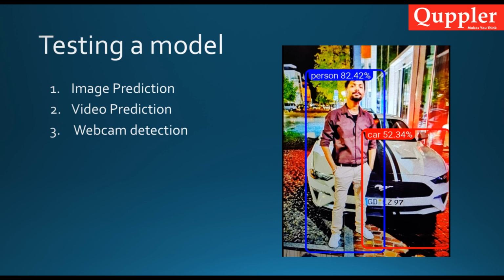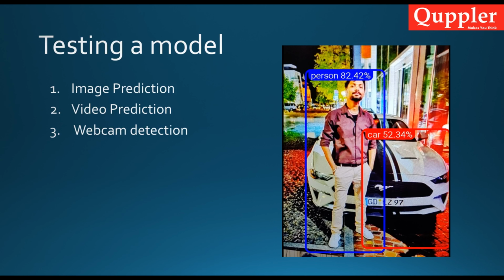This is just a sample image for this camera prediction which I did on my image. It works fine. It shows car is 52% and person is 82%, which I had modified. This would be an exercise for you for testing the model, or I would cover in my next video how to test a model with a given input, and how you can predict images with the saved model.